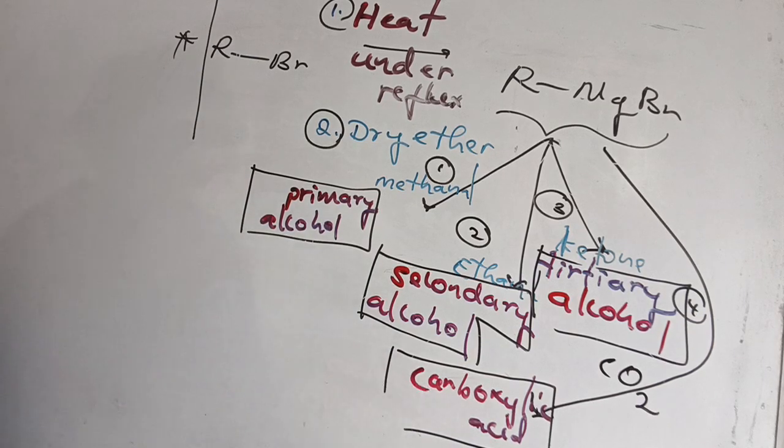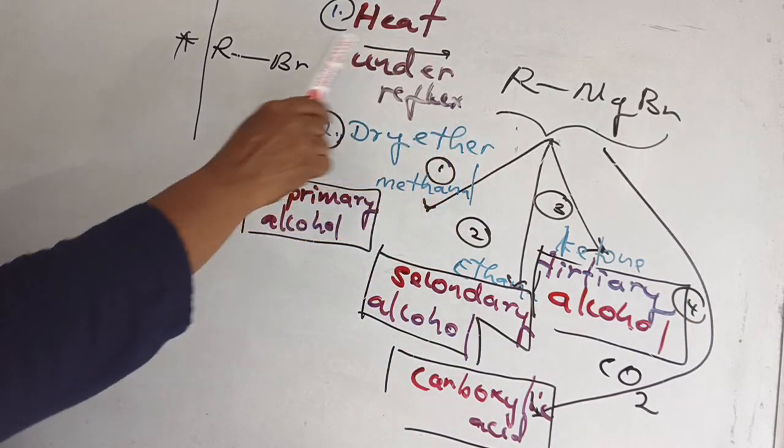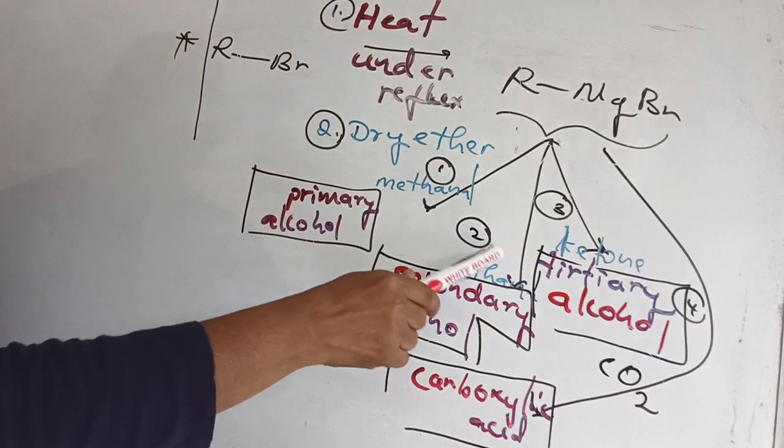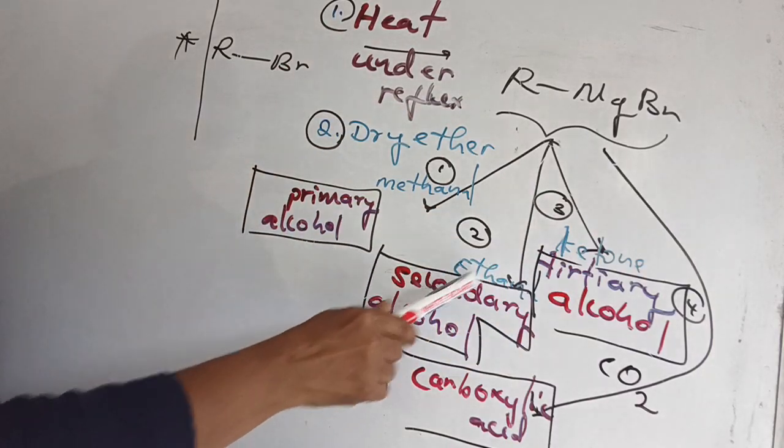Once we reach the carboxylic acid, a huge number of different compounds can be synthesized depending on what the final product is. We should design our Grignard reagent and then design what should be the next thing to be added.